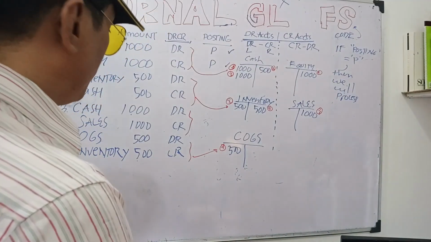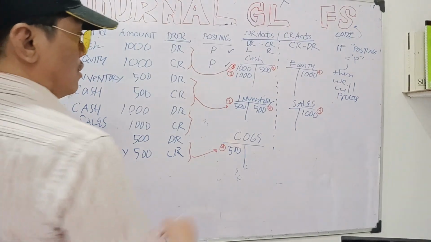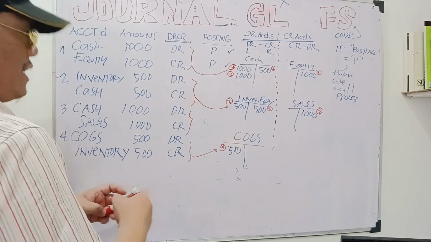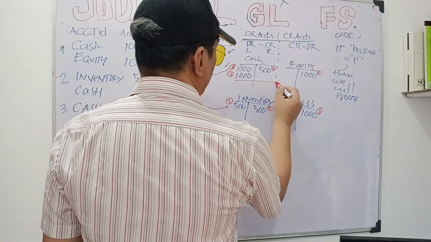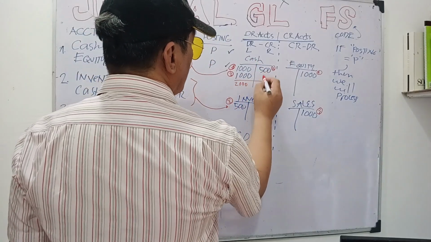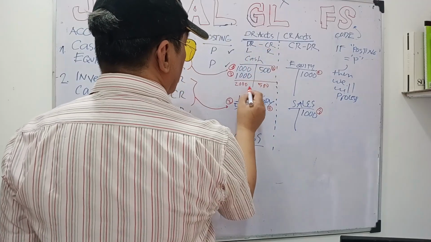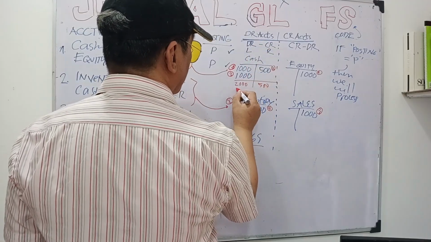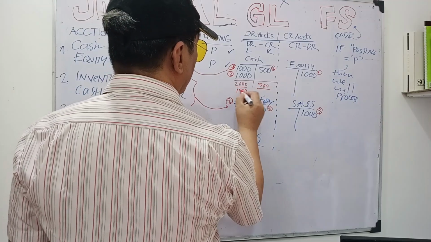So if we're going to compute this, it's simple. In basic accounting, we do it like this. We add cash for 2,000 and then 500, so we deduct that, debit minus credit. So the balance here is 1,500.